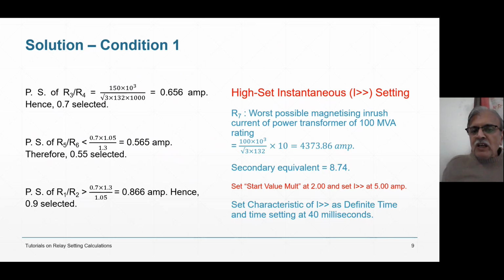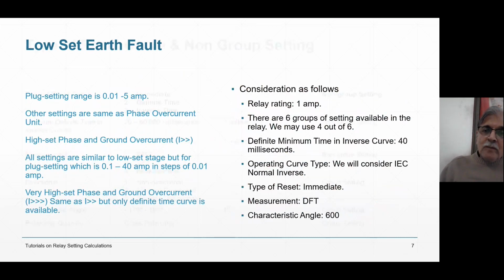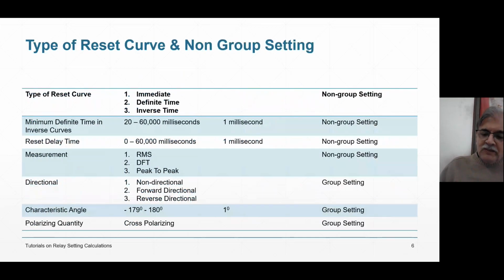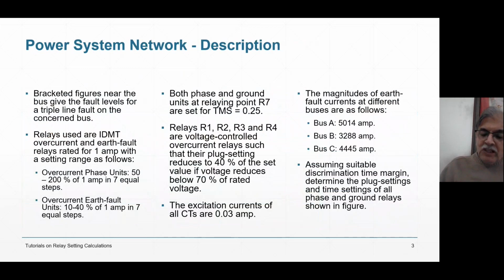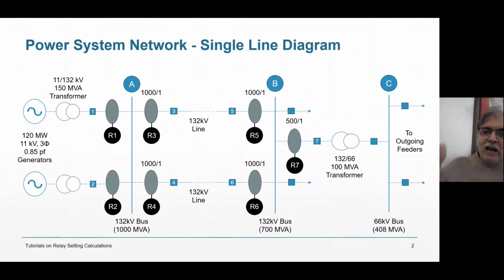High set unit. What am I doing? High set unit I set greater than R7. After R7, there is a transformer. Let us go back, because I should not talk anything without the figure, because I remember the details of the example in my mind. You may not remember. So after R7, there is a transformer. So there is some primary current.